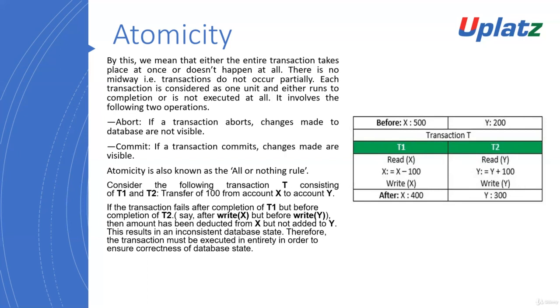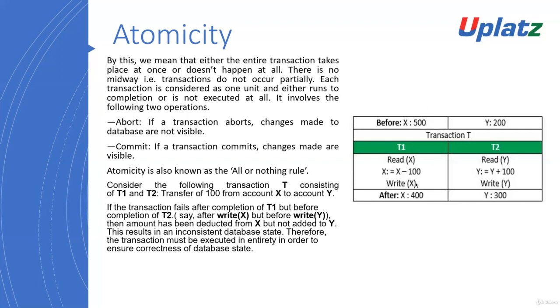So now the system has to roll back everything and get back to the original position. That is, X should again have 500 rupees and Y should have 200 rupees. You will never see that X has 400 rupees because of a hardware failure. This will never happen because this is an inconsistency which a database does not allow. So this 400 which got changed in X will again be reverted to 500 in case of failure.